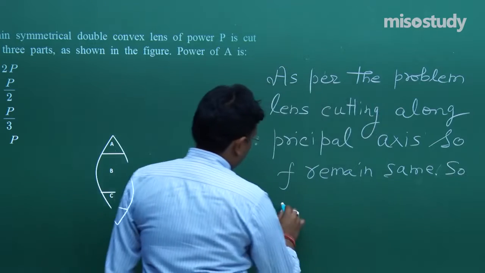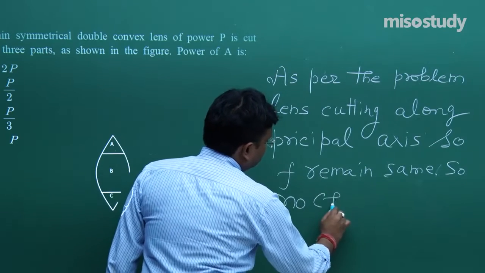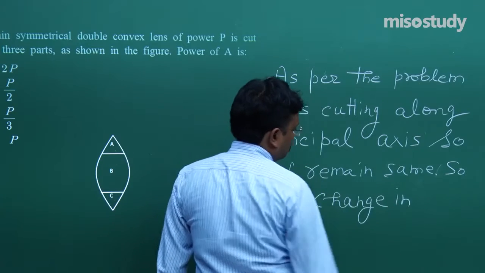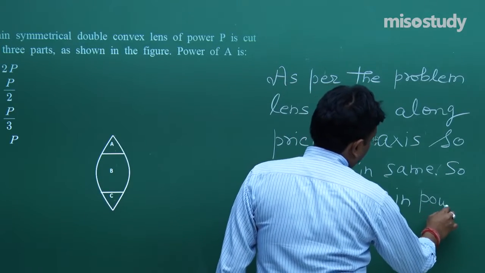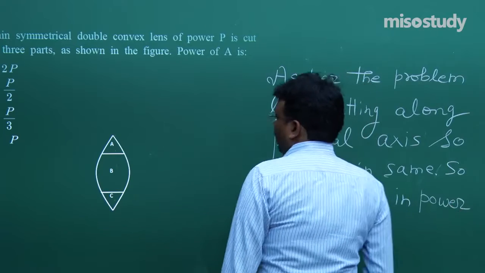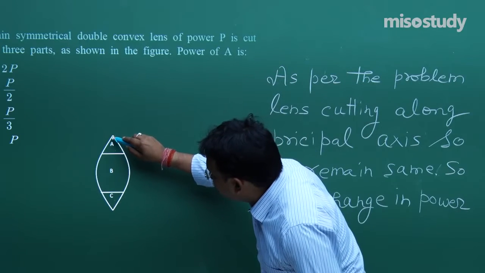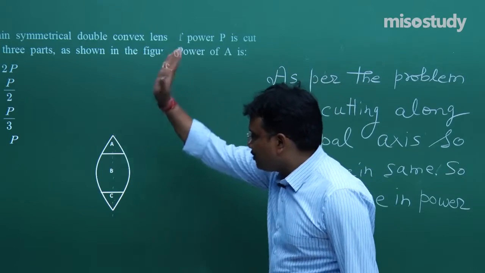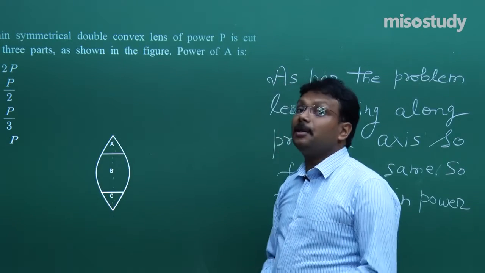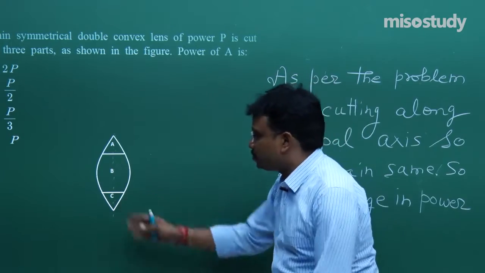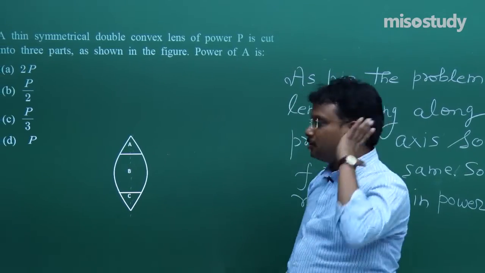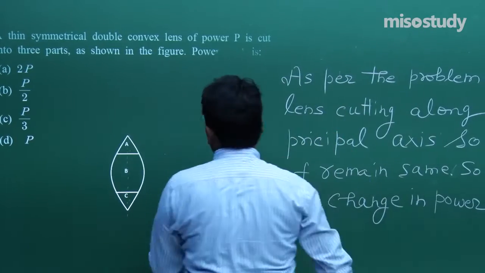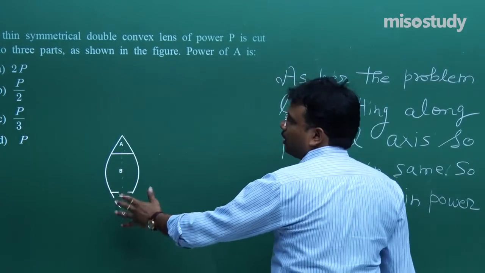So, no change in power. But if this is the optic axis, if you cut the lens along the optic axis, then what will happen? F will change and power will change. So I hope this beautiful explanation will give you a lot of understanding of this simple concept.